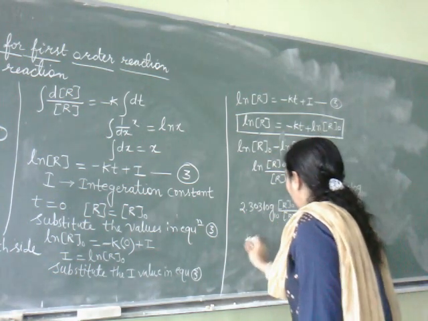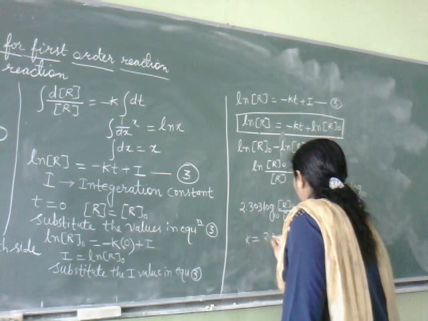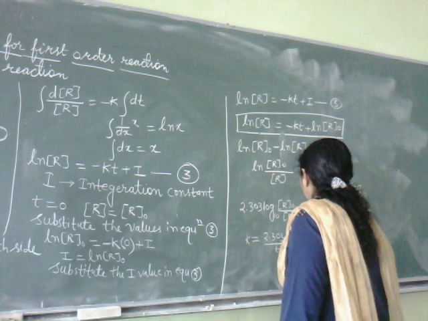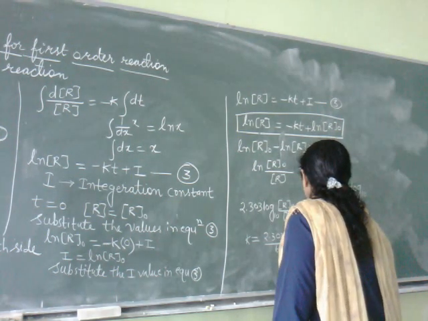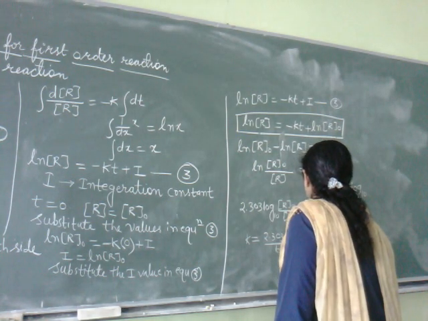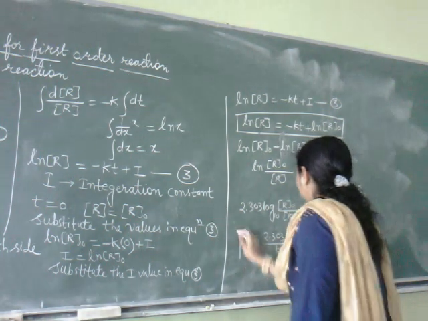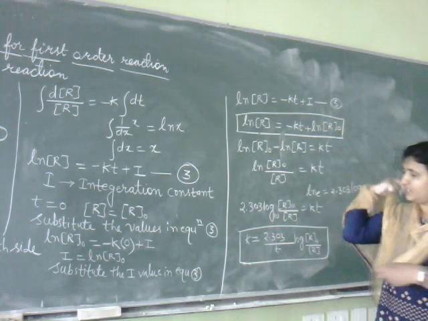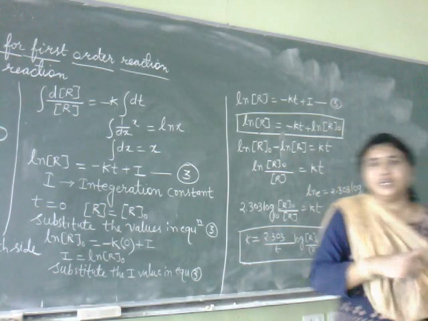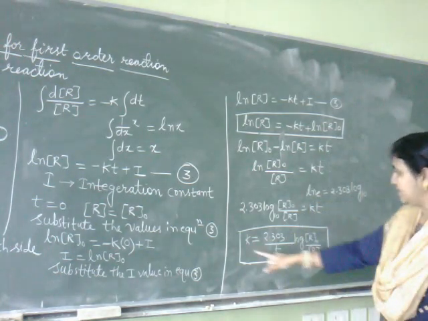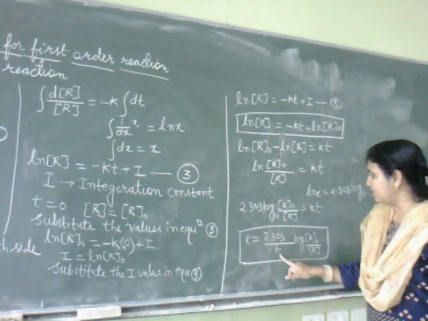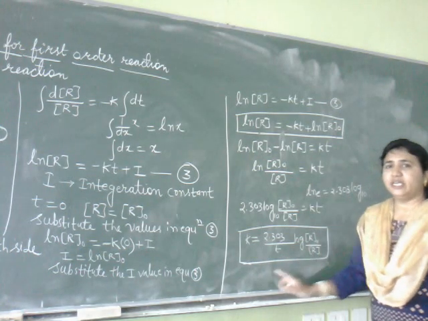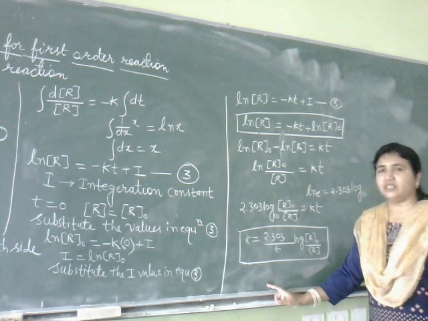Or we can write k is equal to 2.303 divided by t, log R naught by R. So this is the final equation for a first order reaction. The first order integrated rate equation is k is equal to 2.303 by t log R naught by R. This is called the integrated rate equation for first order reactions.